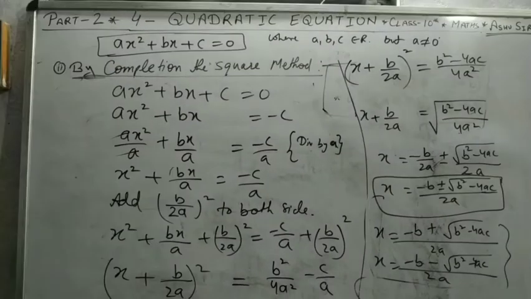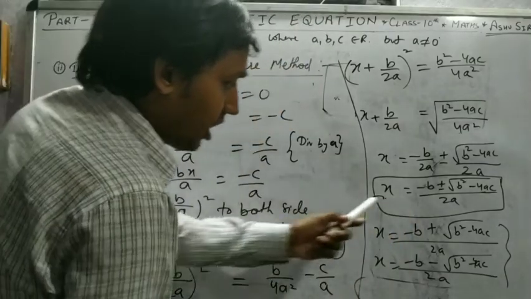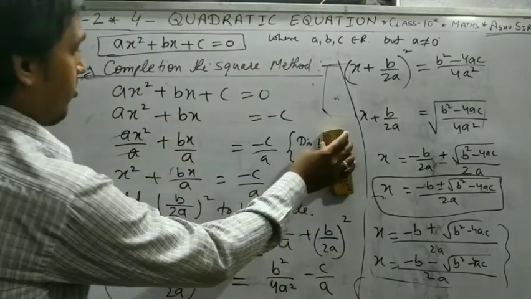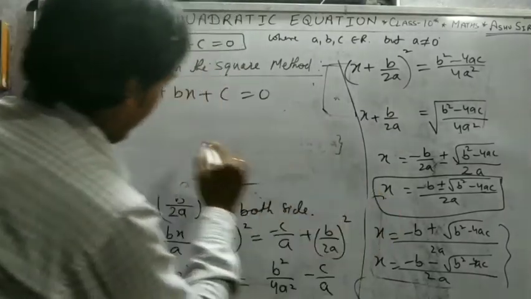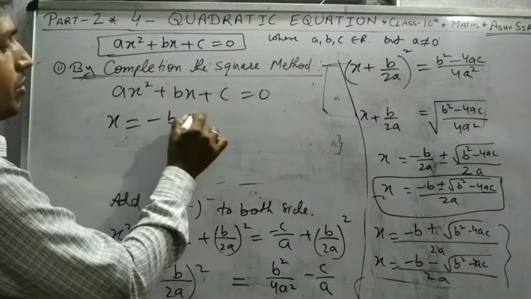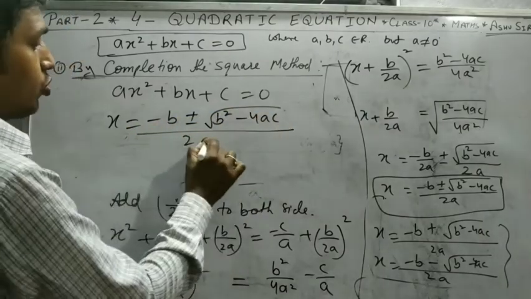And you know this. So you can say that x is equal to minus b plus minus square root of b square minus 4ac upon 2a.